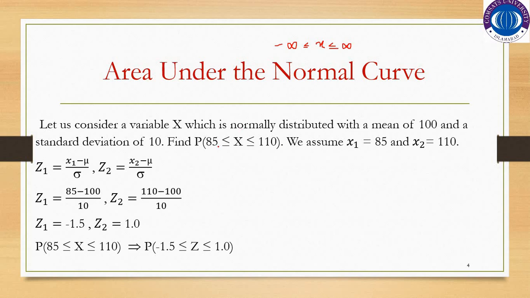To find out this probability, let's first sketch the bell curve of normal distribution. So this is the bell curve, or you can say normal curve.